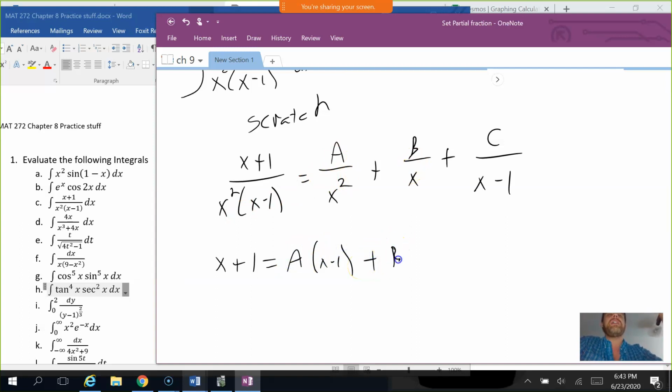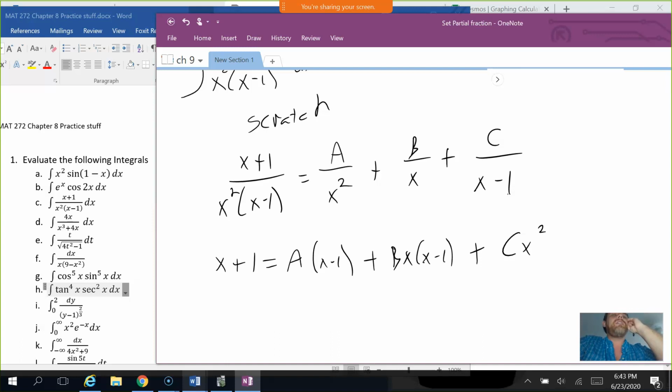Plus, the b comes down. One of the x's cancel, so we still have the other x, and then we have the factor x minus 1. Plus c, the x squared comes down, and then the x minus 1's cancel. All right, at this point, you can find the a, the b, and the c however you feel comfortable doing that.